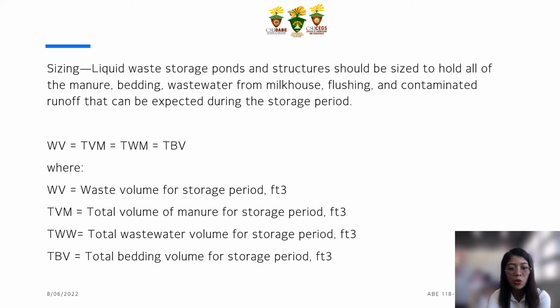Waste volume is equal to TVM, the total volume of manure for the storage period, plus DWM, the total volume of wastewater for the storage period, plus TBV, the total bedding volume for the storage period.